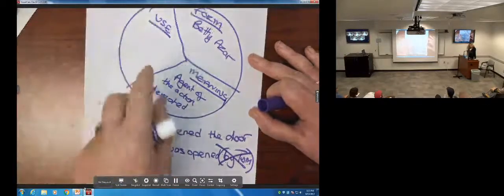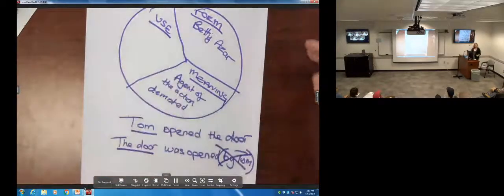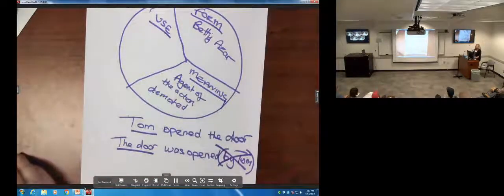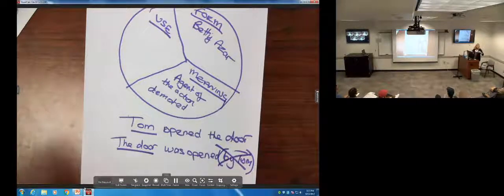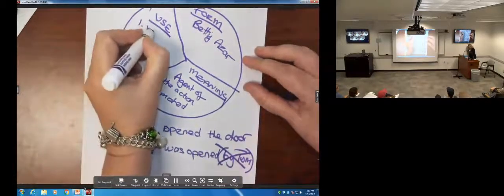Okay, why would we use such a structure? Under what communicative circumstances might you want to demote the agent? When we don't know him. Okay, so one thing would be that we don't know who the agent is, right?